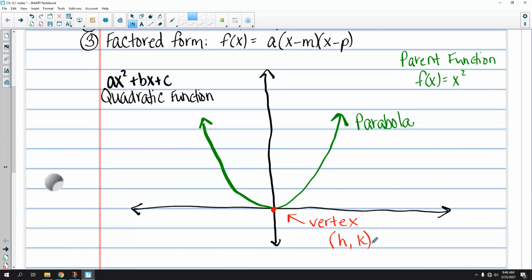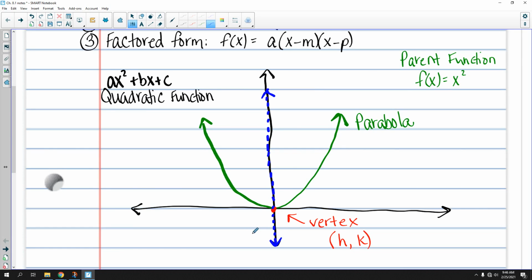And then we have what's called the line of symmetry. The axis of symmetry is like the line of symmetry. Since your parabola is symmetrical, if you were to cut it in half vertically, then that line where it cuts it in half is called the axis of symmetry. So in this case, if I cut it in half, it would go straight down the middle through the vertex.